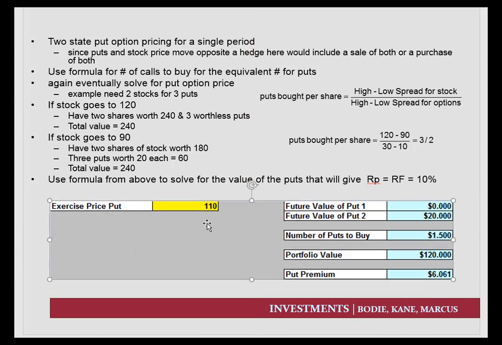It's 110. So now we know the future put is either going to be 0 or 20. Puts to buy, we're going to buy 1.5 puts. The portfolio value in this instance is going to be $120. So the put premium, again, is $6.61. It has to be $6.61 because we're solving the portfolio return formula, and that's a risk-free formula.